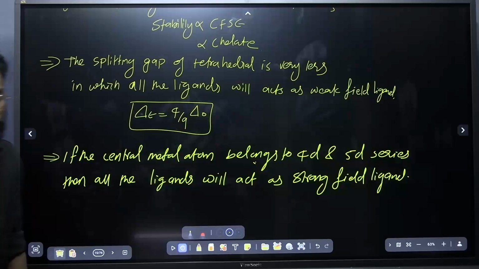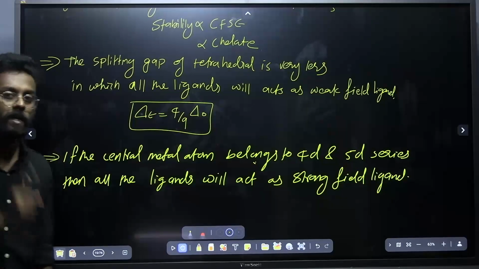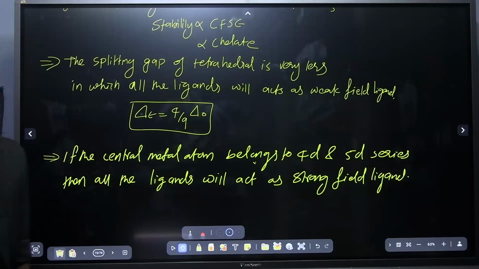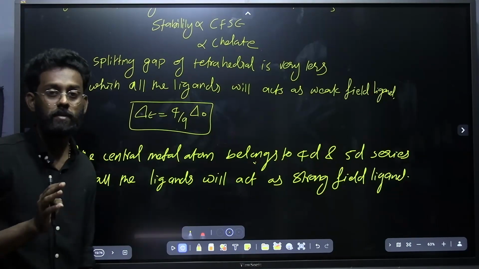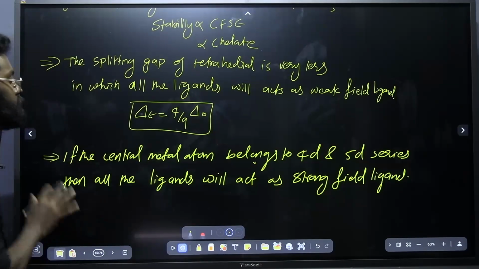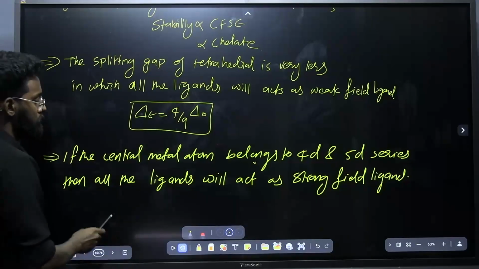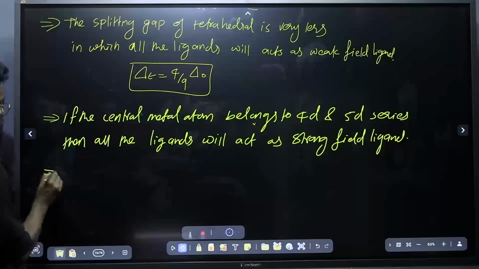In the central metal atom, if it is 3D series, then only you have to go for the weak field ligand and strong field ligand. If it does not belong to 3D series but belongs to the 4D and 5D series, then all the ligands, no matter whether strong field or weak field, all will be doing the pairing. Okay.